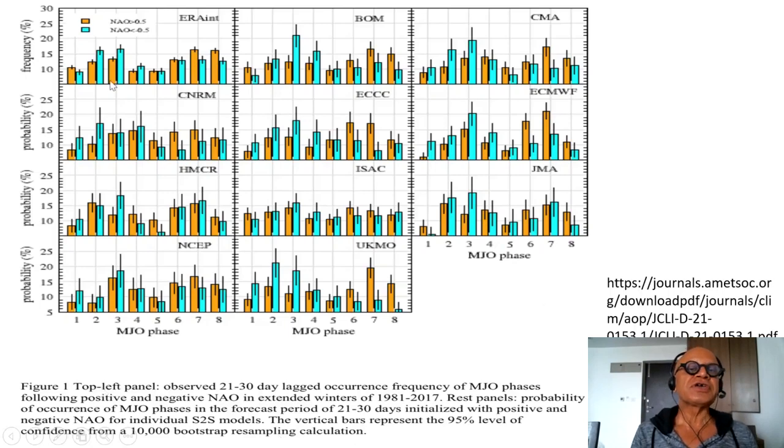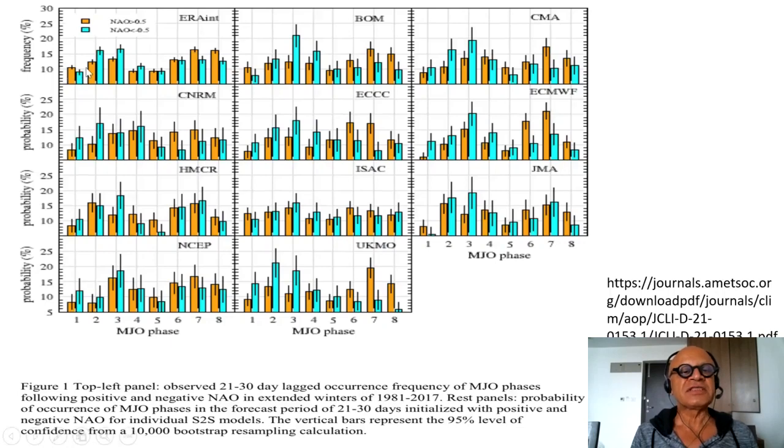So here we are looking at ERA-Interim as the reality. It's a reanalysis product, and we are looking at frequency of MJOs based on the phase 1 to 8 and the NAO index of greater than 0.5 or less than minus 0.5, so positive and negative phases of the NAO.